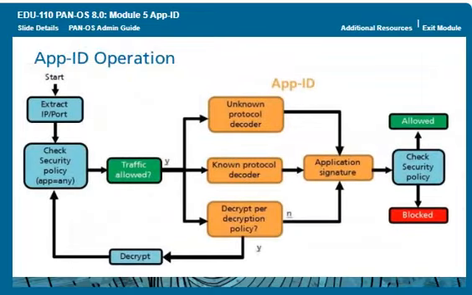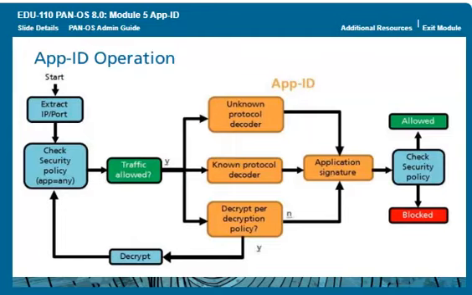Palo Alto Networks AppID uses four major technologies to help identify applications. Application signatures: a database of application signatures updated weekly as part of the firewall content updates. Unknown protocol decoder: an AppID heuristics engine used to look at patterns of communication. It attempts to identify the application based on its network behavior.